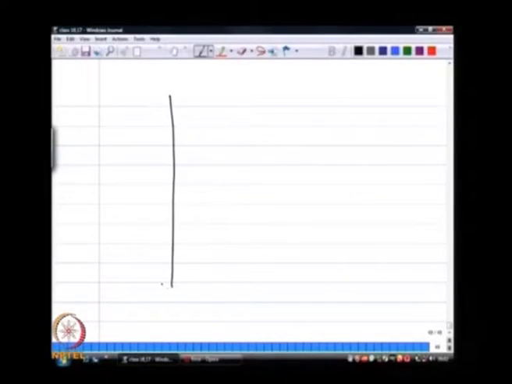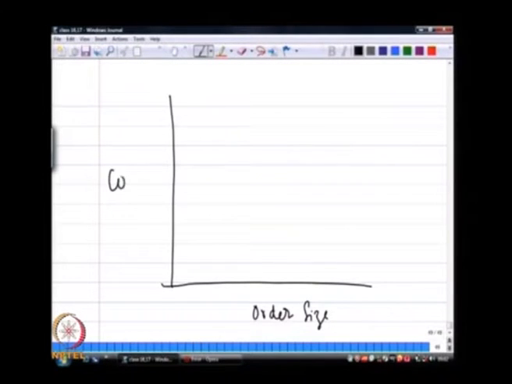The graphical illustration of the model that we saw last class related two variables, the inventory order size and the costs associated with the ordering. And we saw that there are two types of costs associated with inventory.